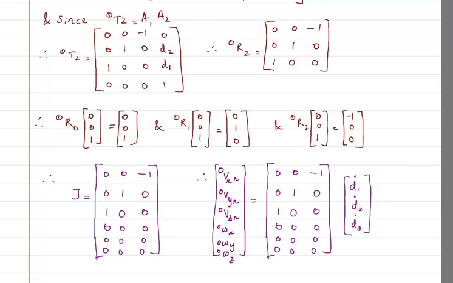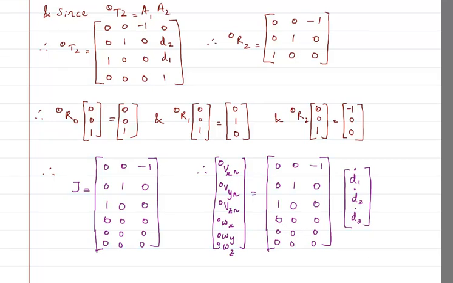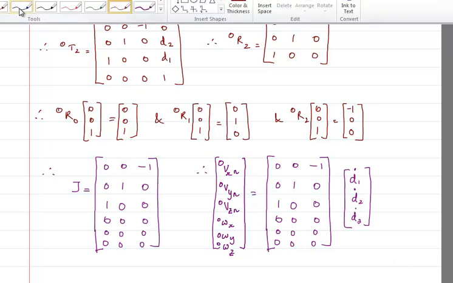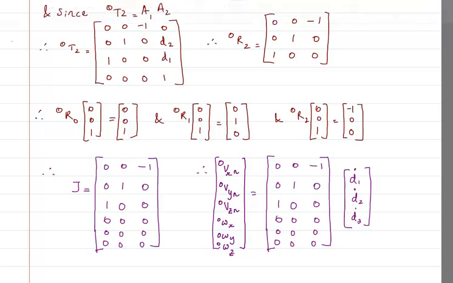So based on that, if I do the multiplication, I will get the answers. Let me write the answers straight away here. So what is Vxn? Vxn is going to be the multiplication. If I multiply it here with d1 dot, d2 dot, d3 dot, I will have to multiply each and every one.